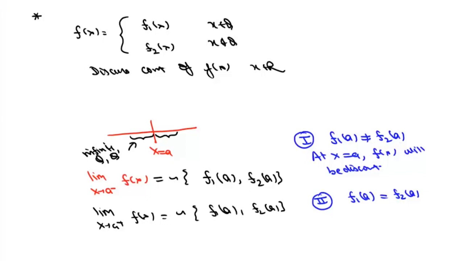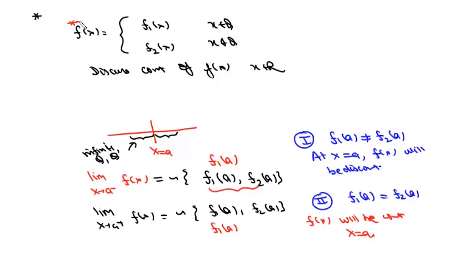Now if both of them are equal, in that case, both these values are just f1(a) and f1(a). Now in this case, both the limits exist finitely and they are also equal to function value at this point. So this function f(x) will be continuous at x equal to a.